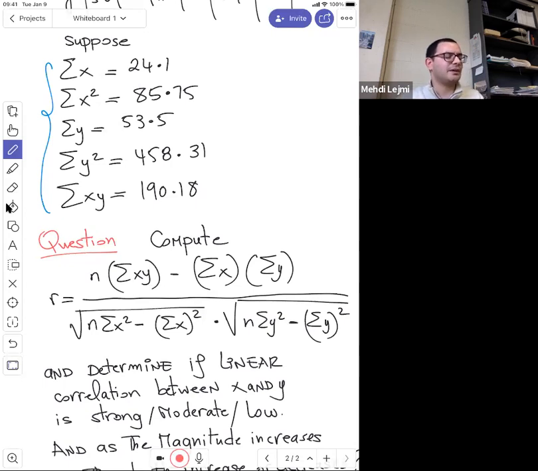In this example, the variable X is the magnitude, and Y is the depth. So using the formula, you can say there is a relation between the depth and the magnitude, or there's no relation between the depth and the magnitude of the earthquake, right? So it's not just about applying the formula, but also about getting some information from the answer.